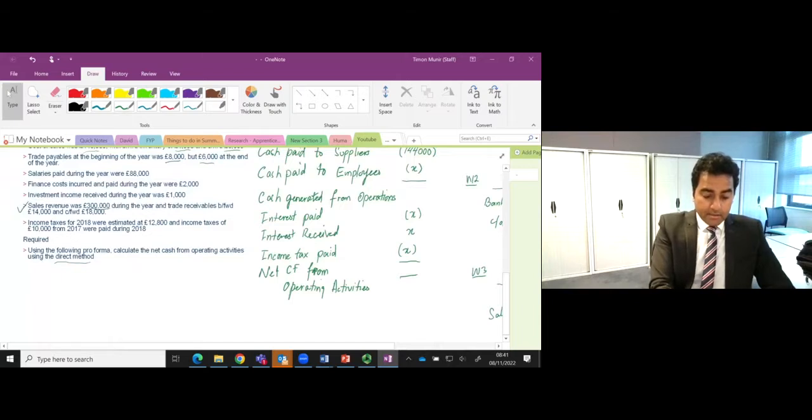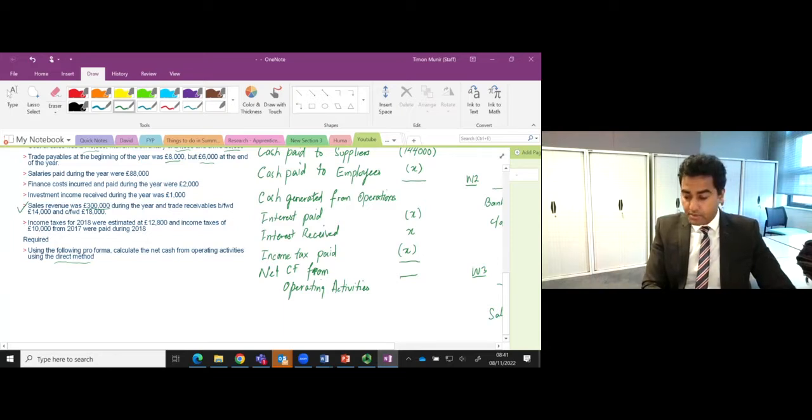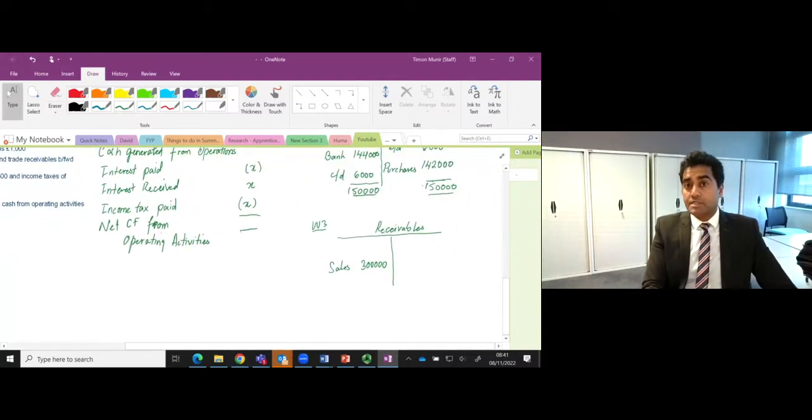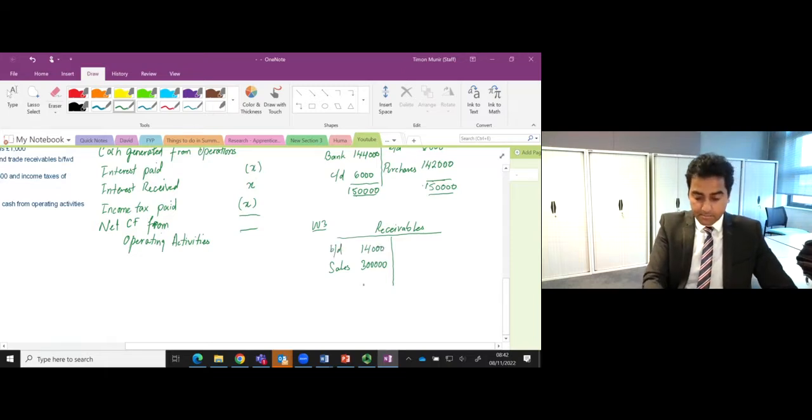And then again reading the same statement, during the year the trade receivables brought forward balance was 14,000 and the closing balance at the end was 18,000. So as you know, receivables are an asset in nature. So the opening balance of 14,000 will appear on the debit side, brought down balance.